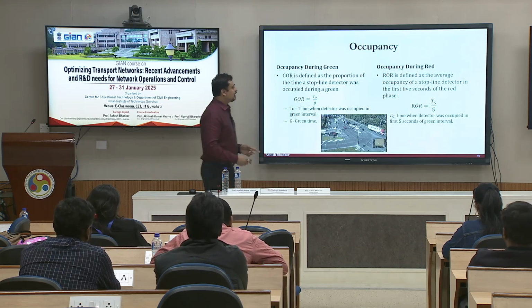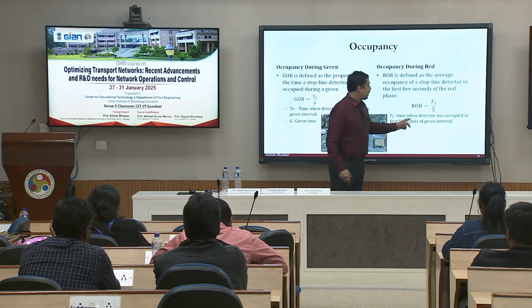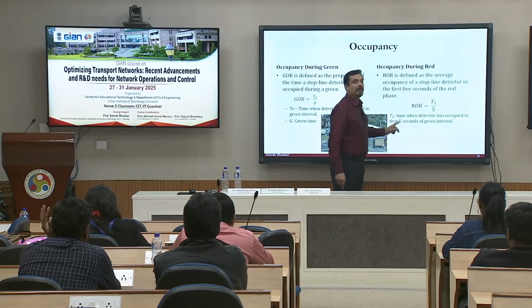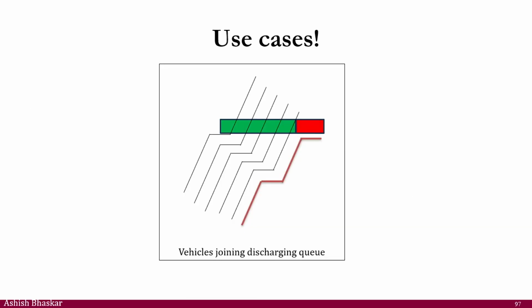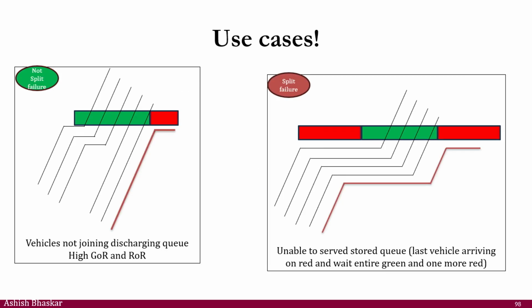So, which is the time when the detector was occupied in the 5 seconds. Please keep this in mind, it is not the whole red. So, I have two different values. This one was just to show that there should be a high red occupancy. So, when the vehicle is discharging from the queue, we know that this is a split failure.